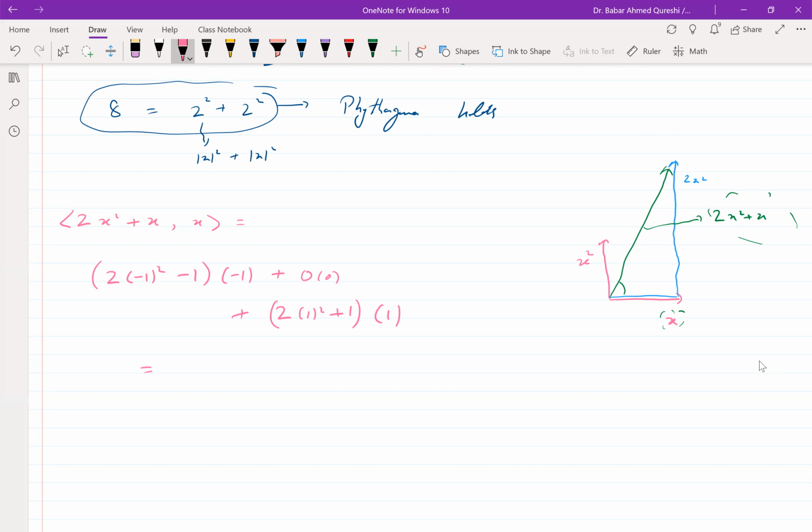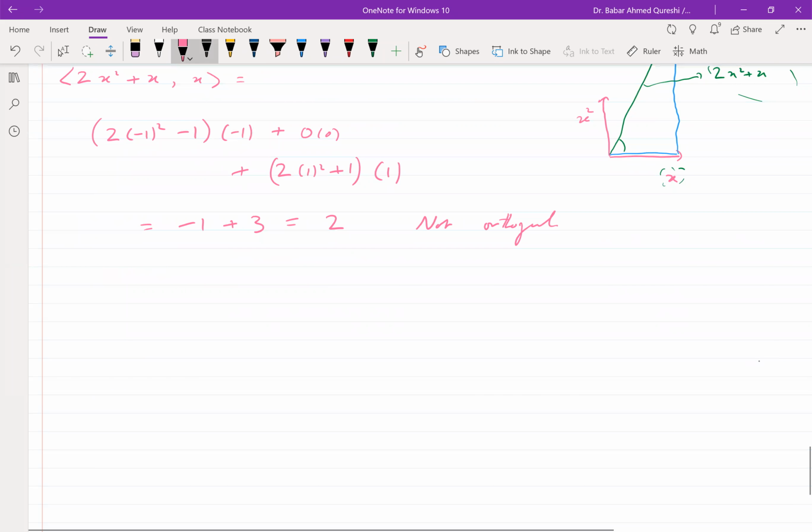So I get 2 minus 1, which is 1 into -1, plus 3. So it's 2. So they are not orthogonal. I can compute the angle if I know the length of this new polynomial.